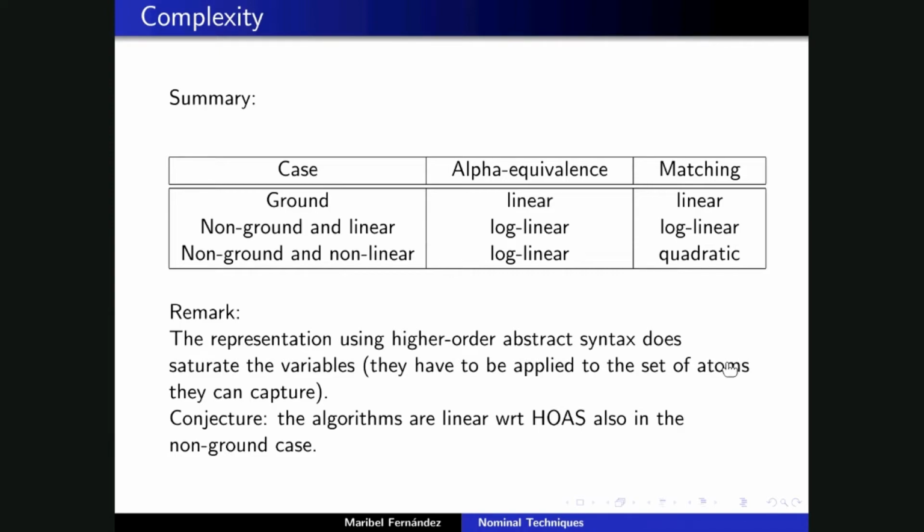That's what I'm trying to say. The nominal representation is much more compressed with respect to the higher order abstract syntax version. So you can't really compare directly the running time with respect to the input. You need to somehow take a standard there.